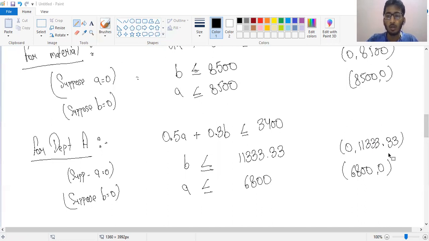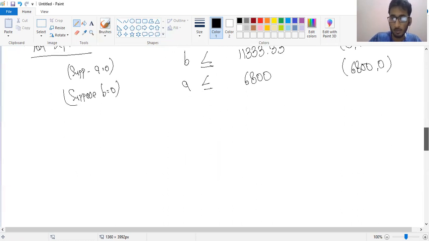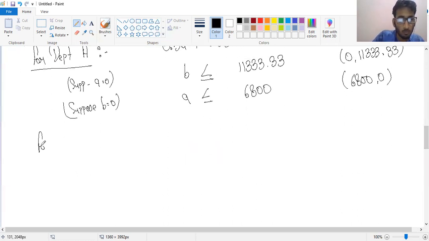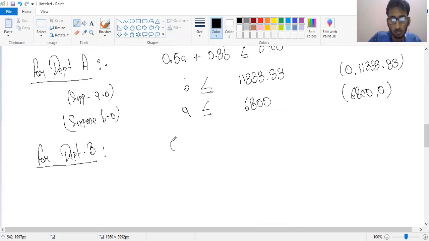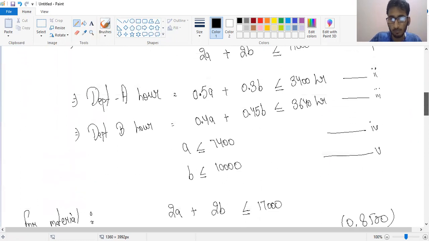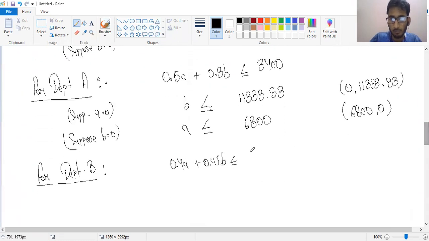Now for department B: 0.4A plus 0.45B less than or equal to 3640.